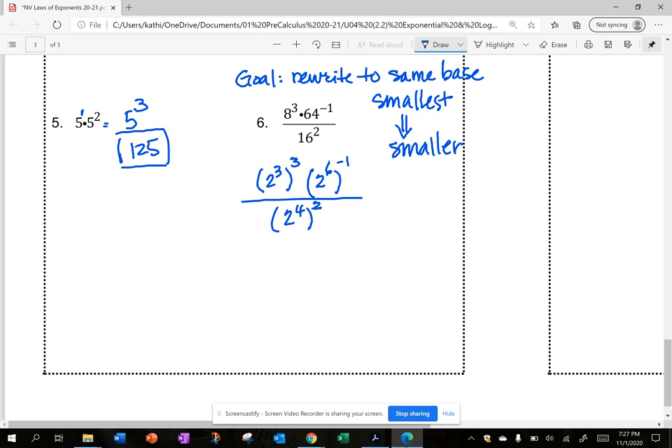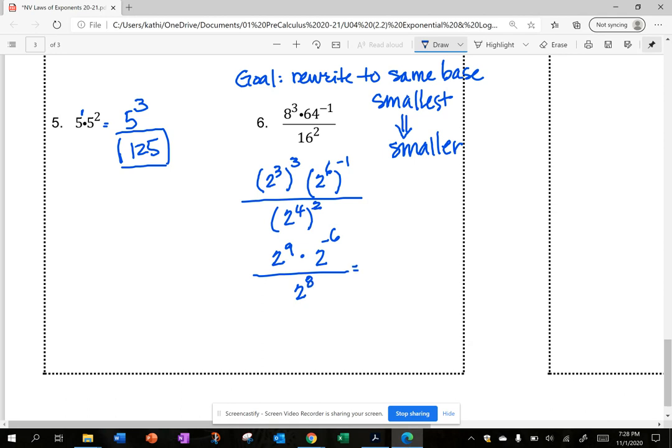So now I am exponent to exponent, so I multiply. So 2 cubed is really 2 to the 9th. 6 times -1, so this is 2 to the -6th power. And 4 times 2 is 8, so this is 2 to the 8th.